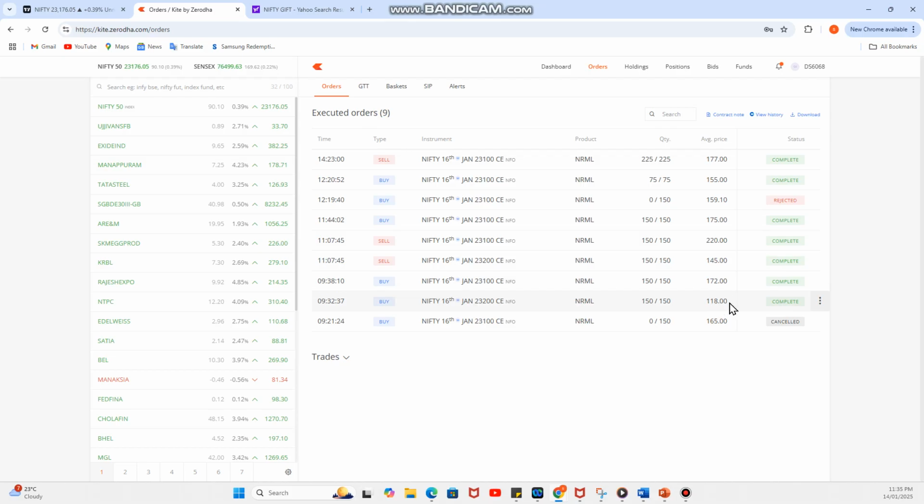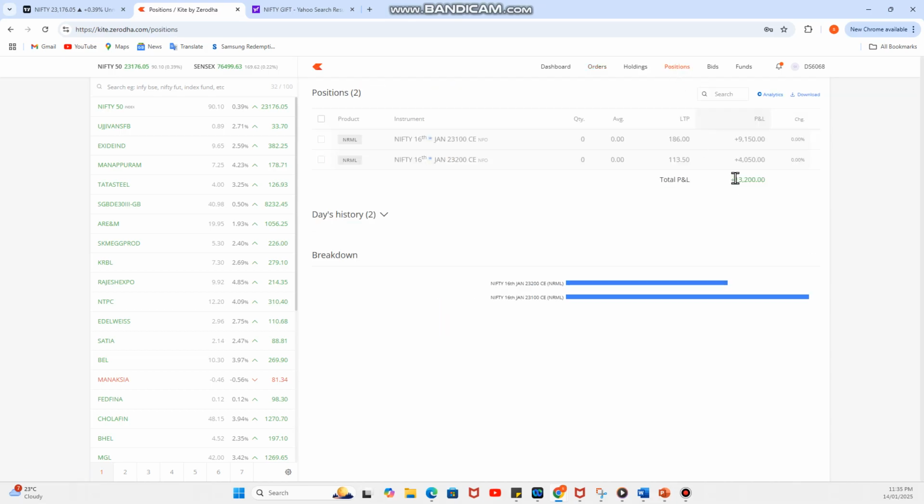It should have been bought at 100 rupees, but I placed a limit order at 118 and it got executed. So I exited at 145, and for this one I kept 48 points as a target. So exactly at 11:07 both the orders got executed, and we made a very decent profit today.